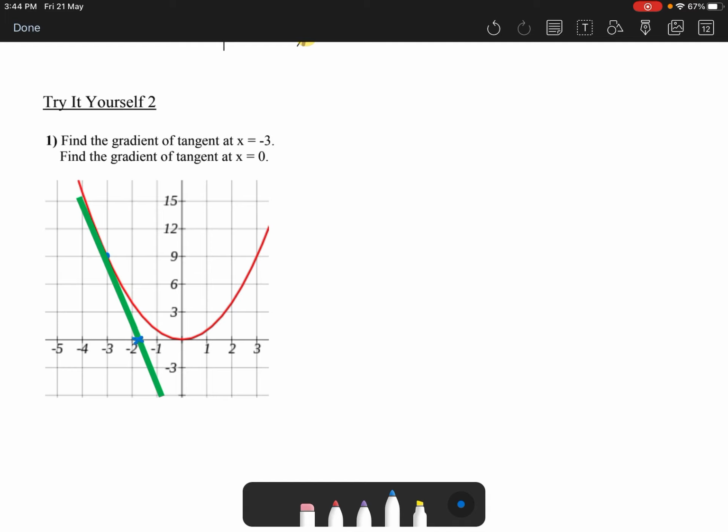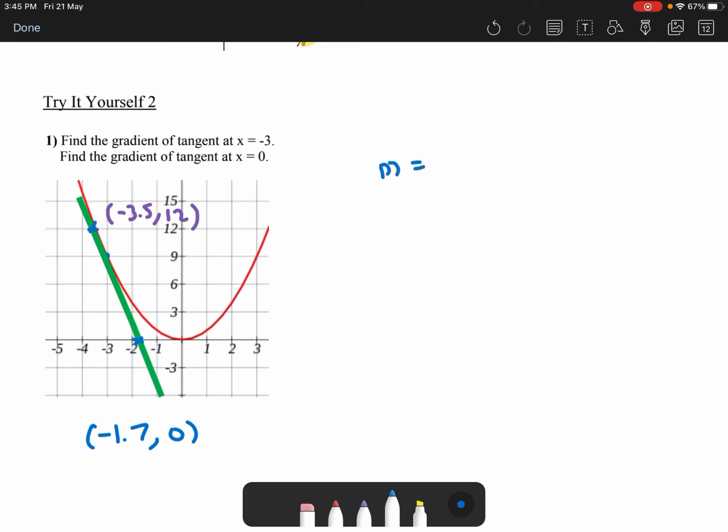So this one, and let's just say this one. Of course this coordinate will be about (-1.7, 0). Then this coordinate will be about (-3.5, 12), give or take. This is a very inaccurate drawing because this is not a pencil.